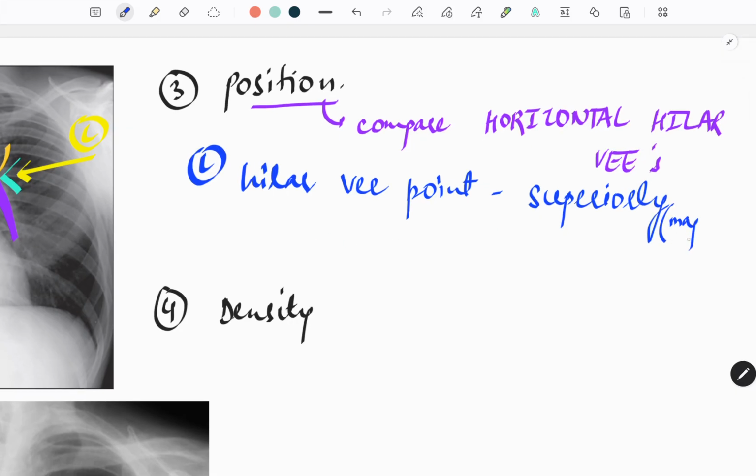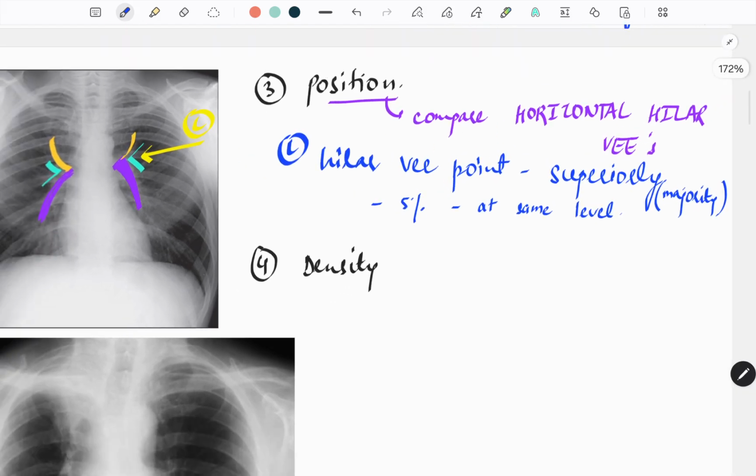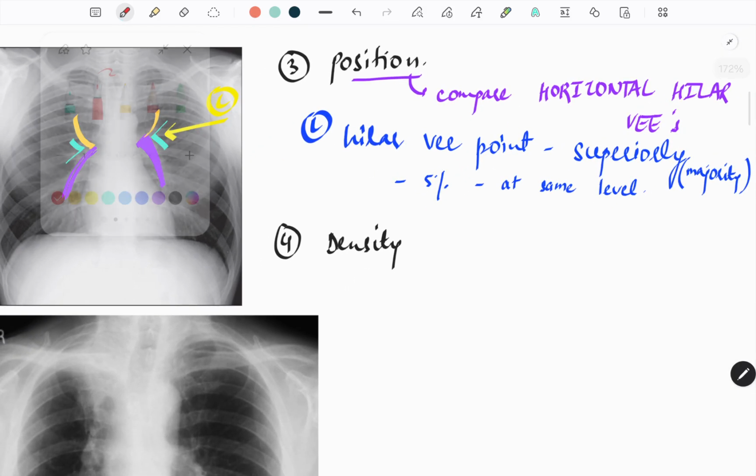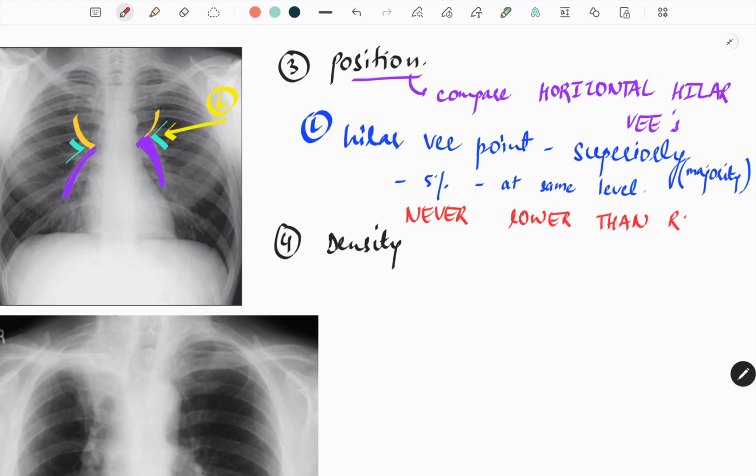In the majority of cases, or in 5% of cases, it could be at the same level. But never ever lower than the right.